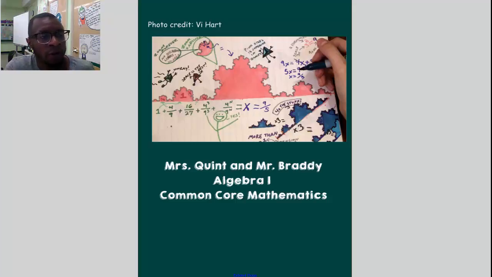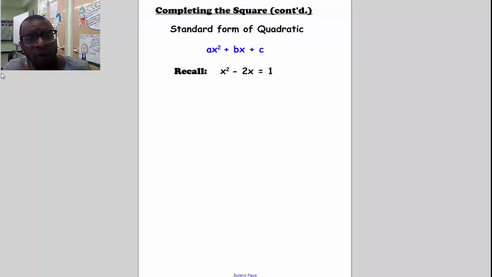Welcome back, everyone. Today we're going to look at some more quadratic equations that require us to solve them by completing the square. Let's recall that when we want to complete the square, we take half of b. In this case, our b is -2.